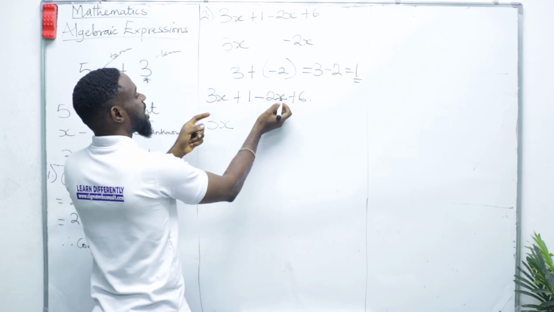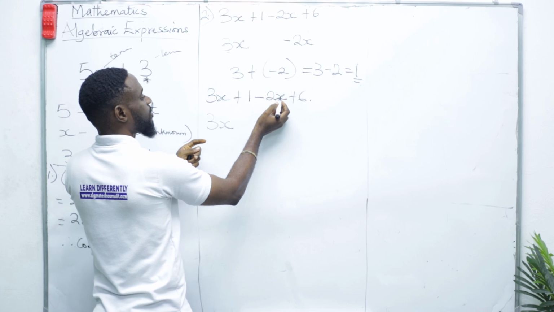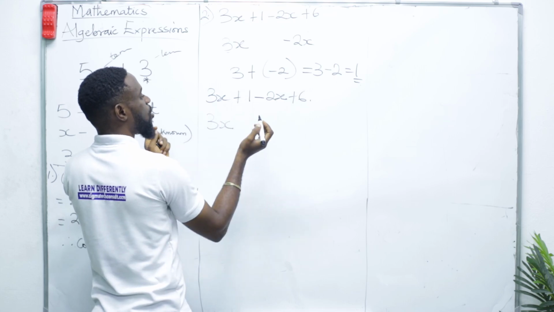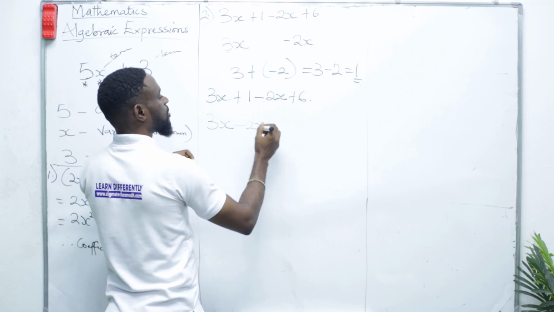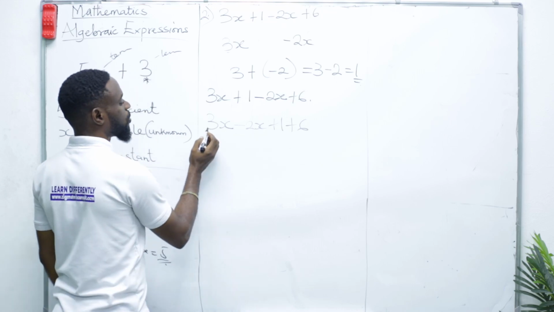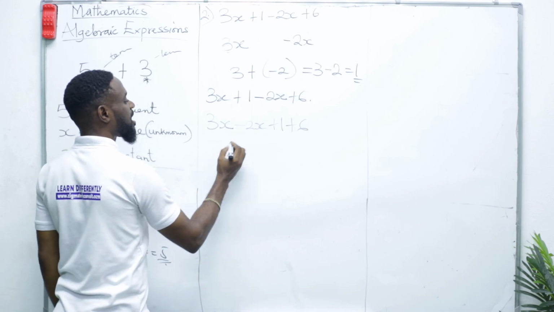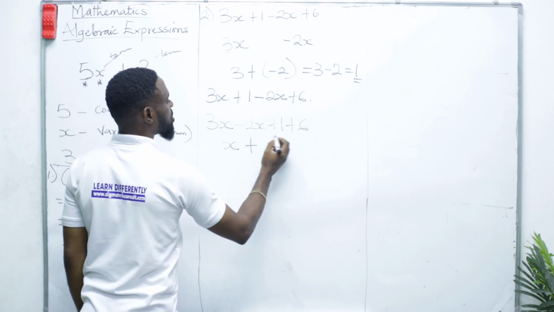The 3x and the minus 2x have a common term, x. So we bring the minus 2x here, and then plus 1 plus 6. So 3x minus 2x will give us x, plus 7.